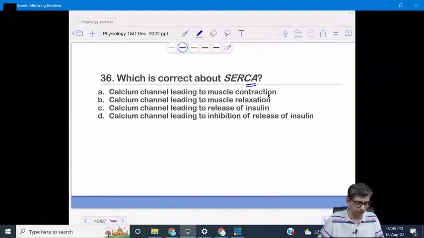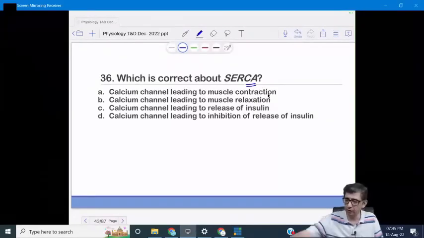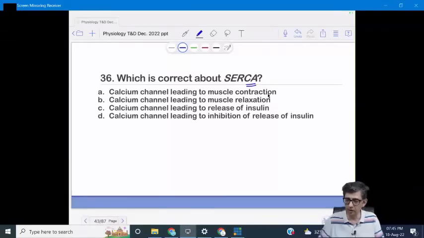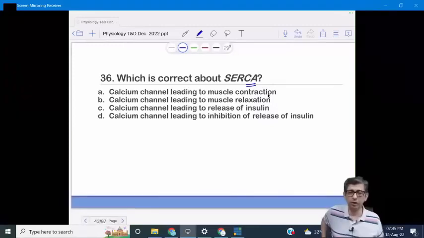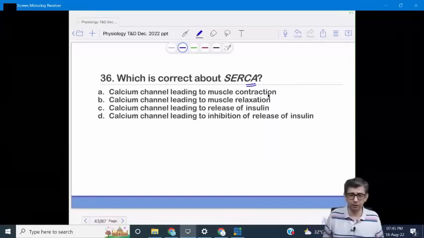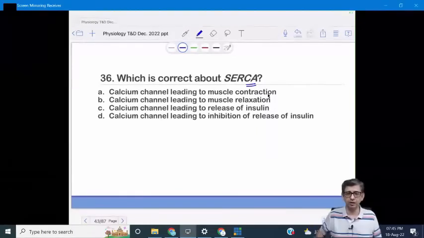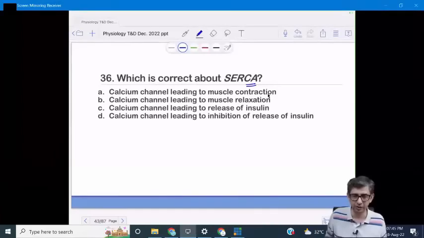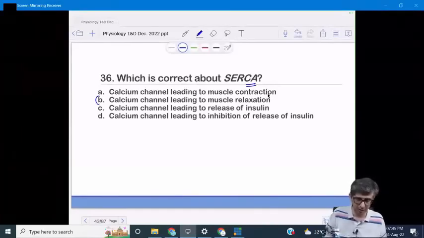Yes. और क्वेश्चन नंबर 36, the basic point is SERCA जो है मतलब नॉर्मली क्या होता है कि हम सार्कोप्लाज्मिक रेटिकुलम जो होता है उसके साथ में हम हमेशा एसोसिएट करते हैं कैल्शियम के मूवमेंट, but we always think about contraction. लेकिन SERCA जो है वो contraction नहीं कराता है, वो rather calcium के जो वैल्यूज होता है उसको less करता है, and it is responsible for muscle relaxation. आंसर 36 इज ऑप्शन नंबर बी.